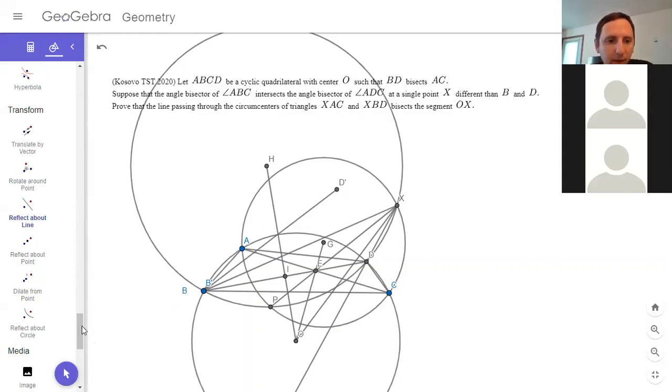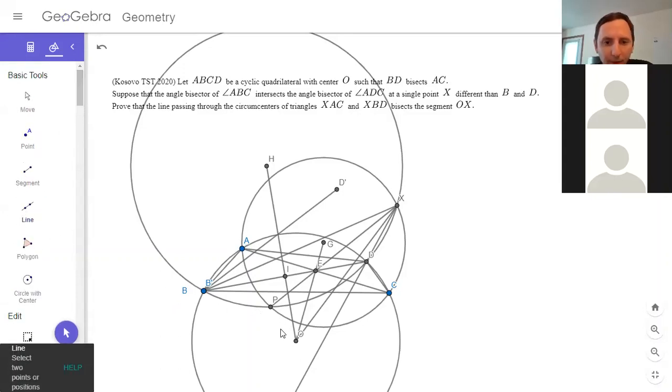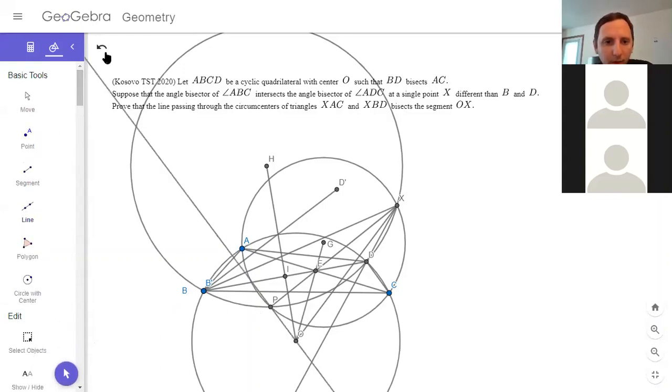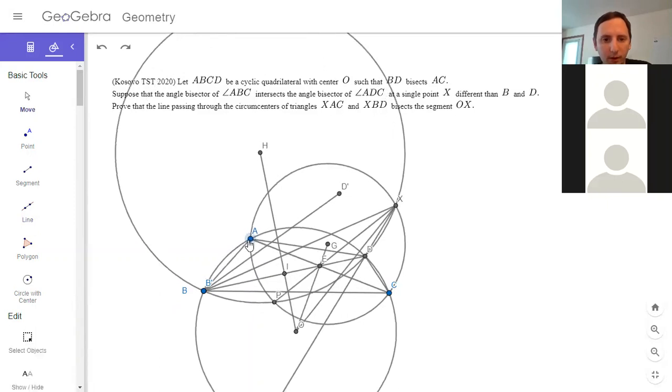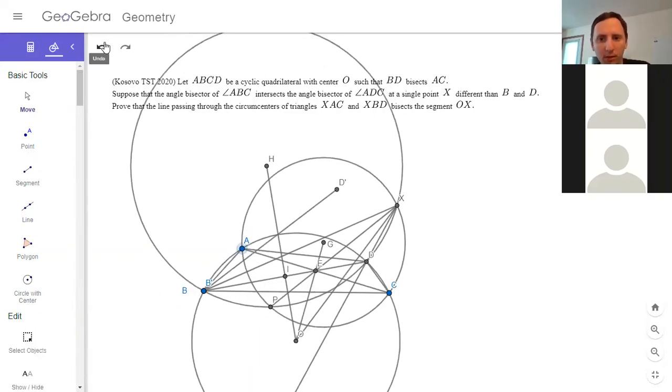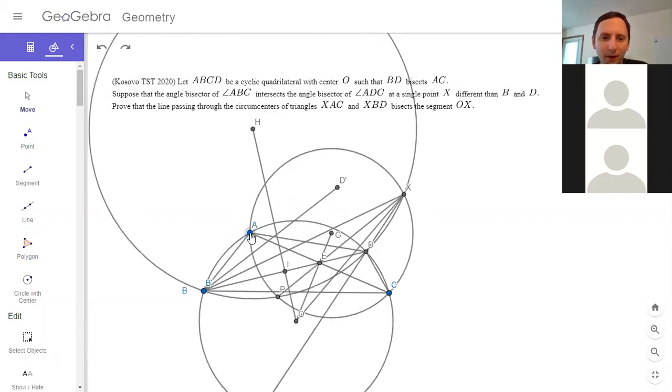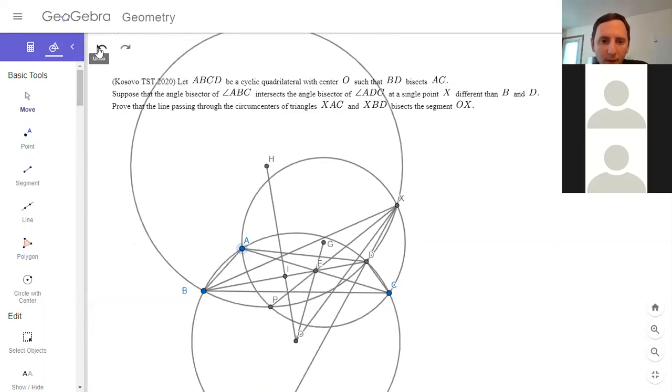Maybe OP is collinear with that point. No, I don't think so. But it might lie on this. These three might concur, right? No. Perhaps OI and the B median meet. That was the thing that kind of looked true, but no. Let me see if OI actually bisects angle POE.